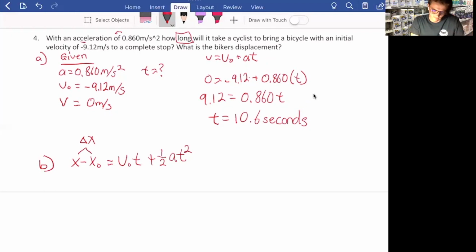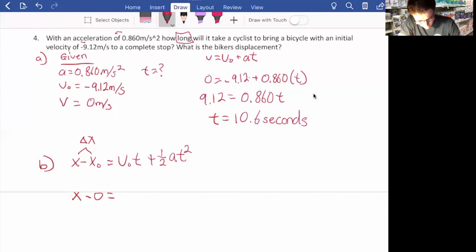In this case, we're just going to make the initial position x naught be 0, and then x is what we want. I'll do it that way just so it looks simple to you guys. Or you could just ignore that and put delta x and that'll be your answer.